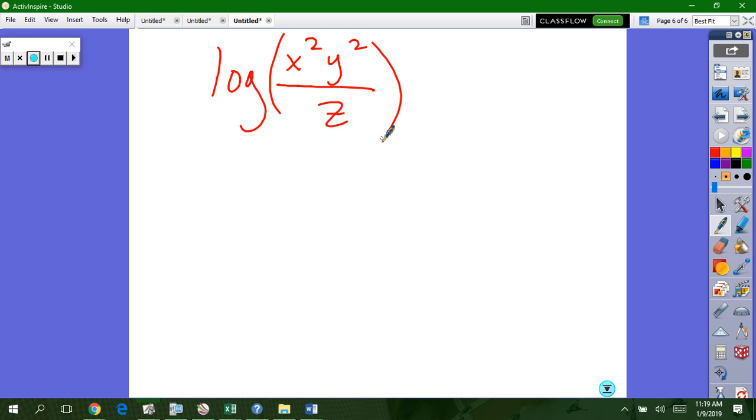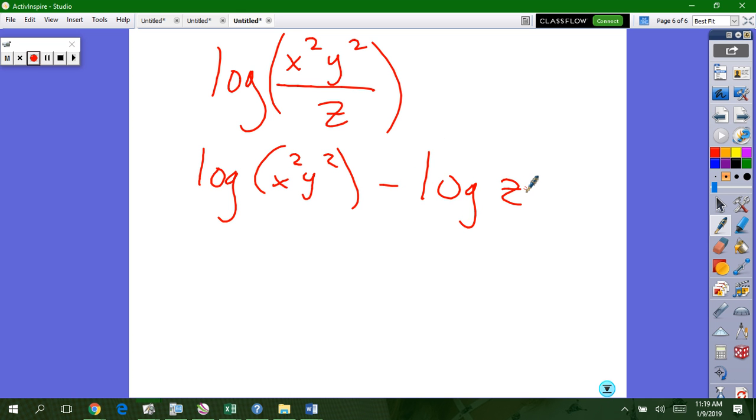What do we see first? I see timesing and a division. Whenever I see a division, I do that first. Okay? So I say, this is log of x squared y squared minus log of z, because the division makes it subtraction, right? Does that make sense to everyone? But what does this say? Those are multiplying, so what do I do to these guys?